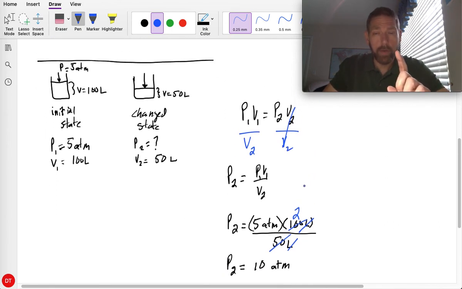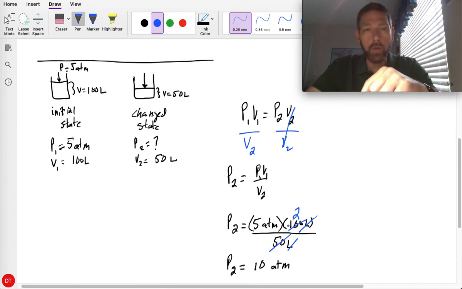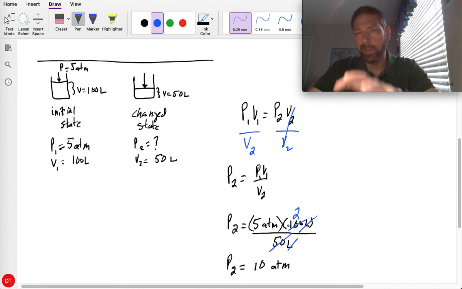And here's how you know the math is working out, and here's how you know that this makes sense. It's all about the units. Remember, everything has been about the units. These units crossed out. The only unit remaining is atmospheres, which is our unit for pressure. So if we were left with any units involving volume or any unit other than atmospheres, that's how we would know that what we're doing makes no sense and that this relationship is not valid.